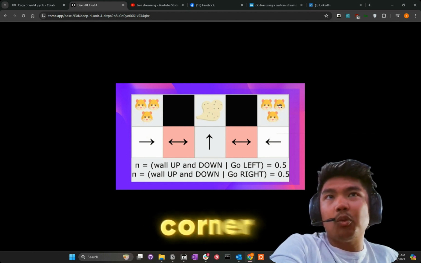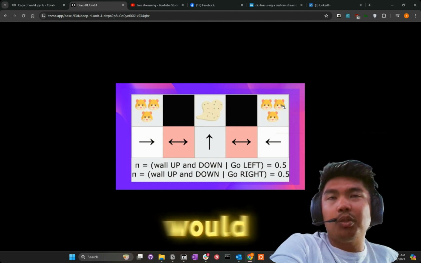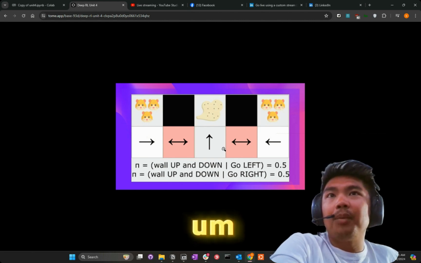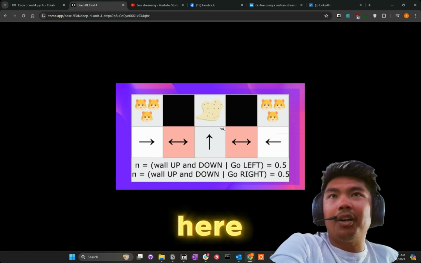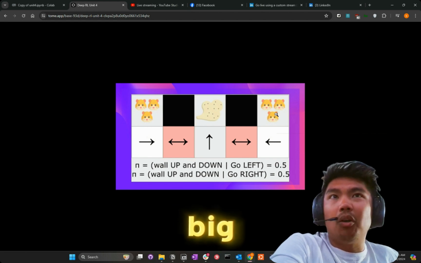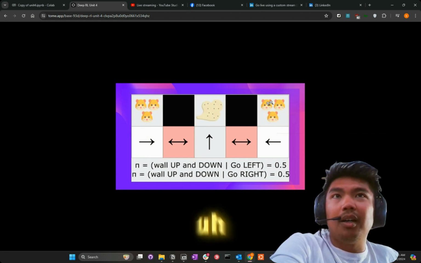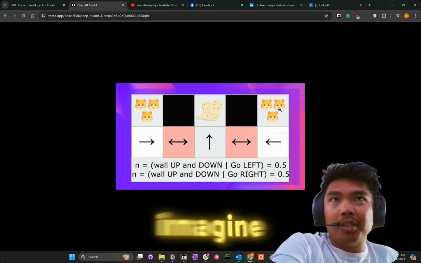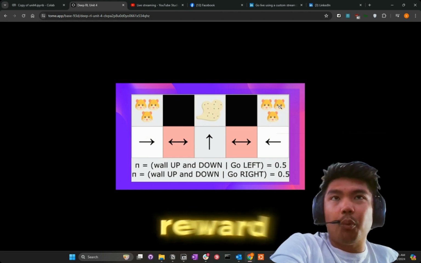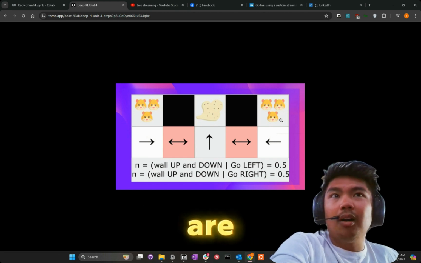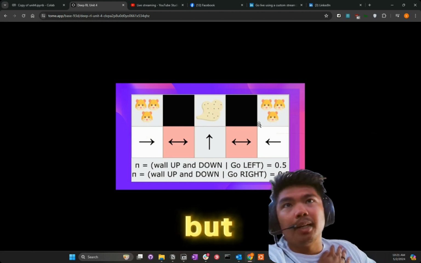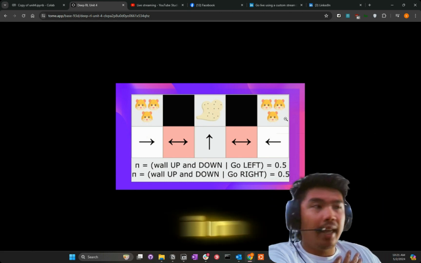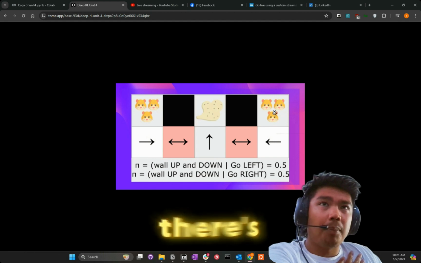Say this right corner has an even bigger dust pile, which would give much more reward. If you keep on exploiting here, you're never going to go get this big reward that could potentially be here. Just imagine that instead of these hamsters, it is a larger reward.